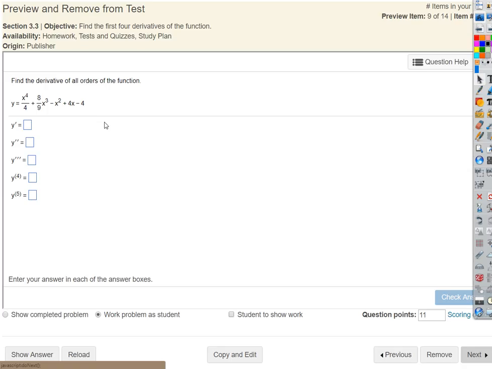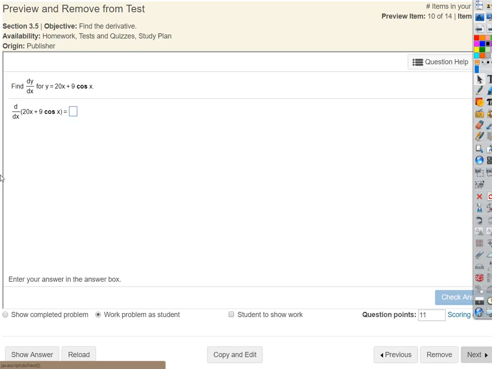Eventually, you're going to get down to where the higher derivatives are just zeros. So this is really no big deal. It's just an application of our derivative rules.